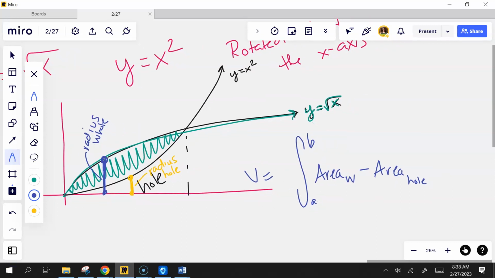All right, so setting up here. What is the area of the whole? Remember it's pi r squared, right? So it's pi, what's the radius? Square root of x, squared.